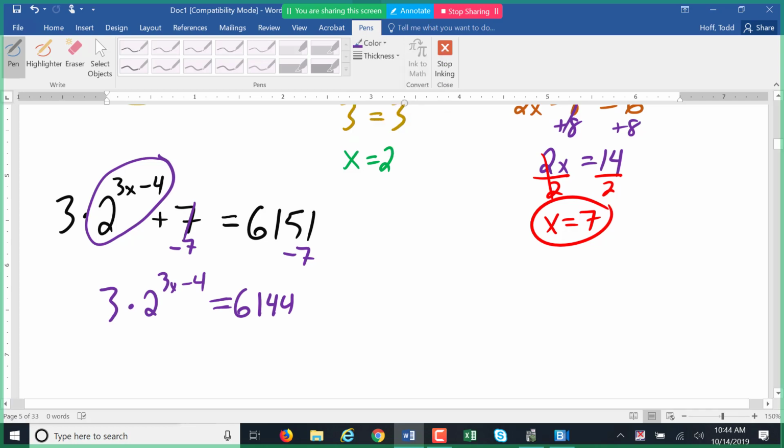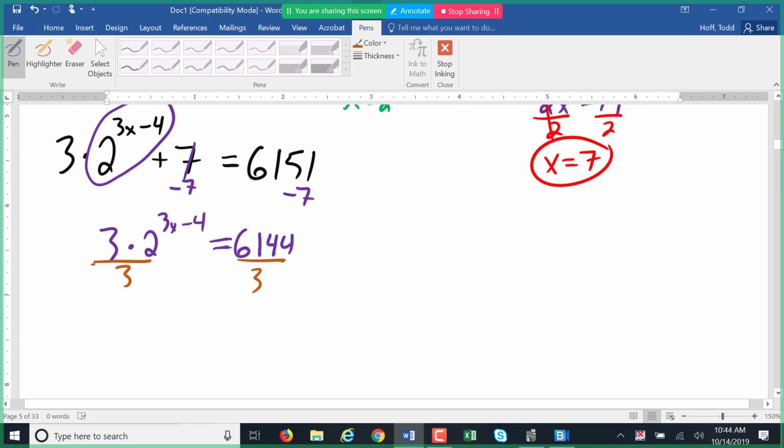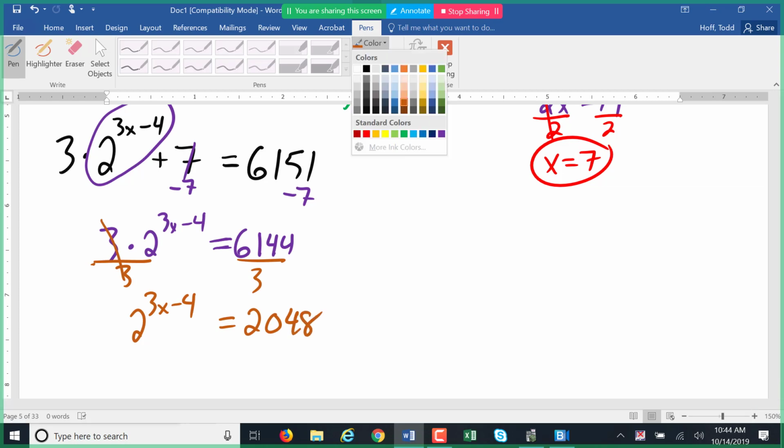Our next step is then to divide by the 3. We divide out the 3. We've got 2 to the power of 3x minus 4 equals 2,048.